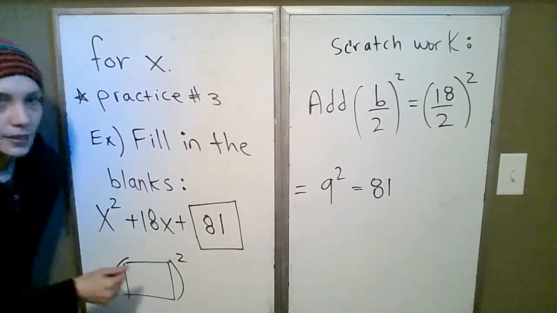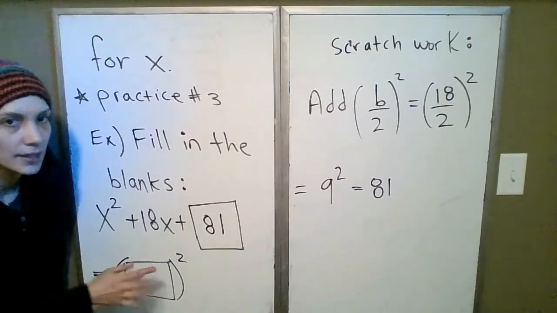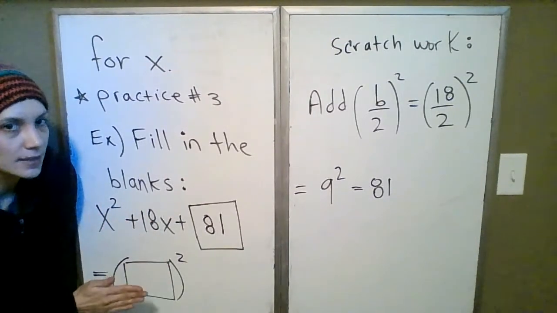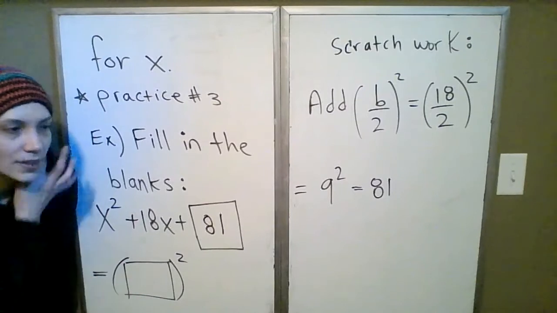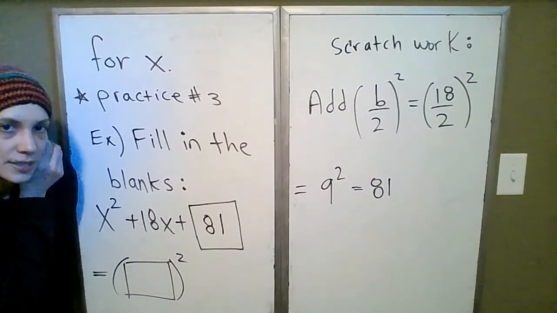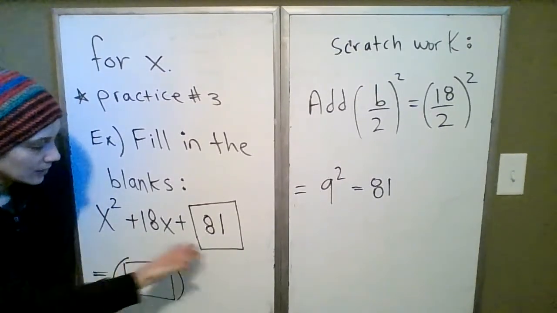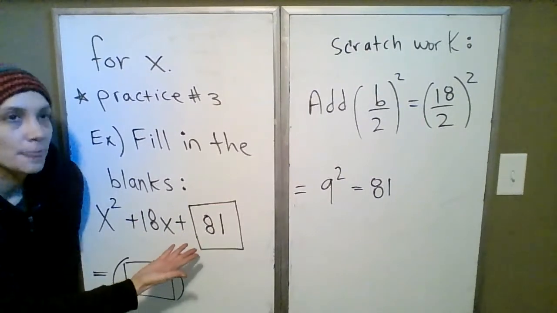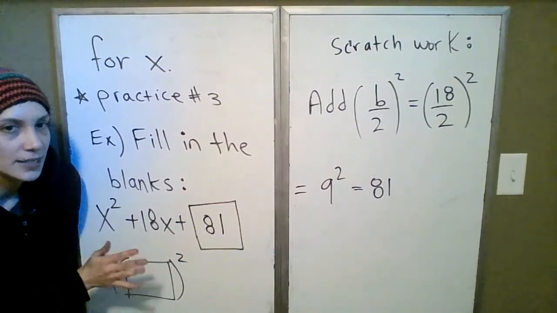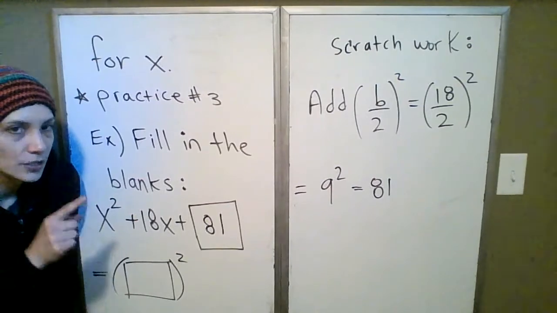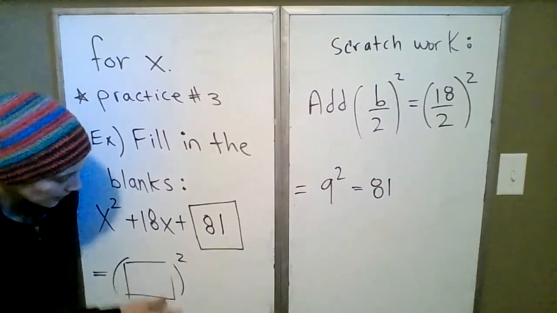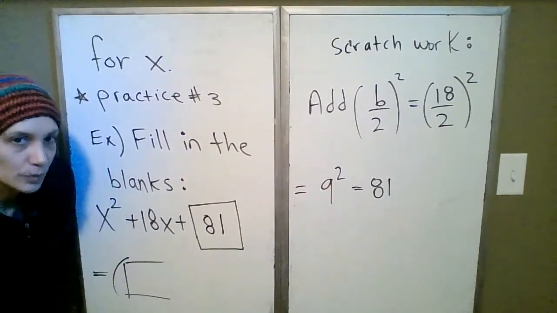So when I was first taught how to complete the square, it was kind of by memorizing different forms of this expression. But instead, after a lot of practice, I've found that I really like to just draw a square and fill it in. So we'll practice that way.